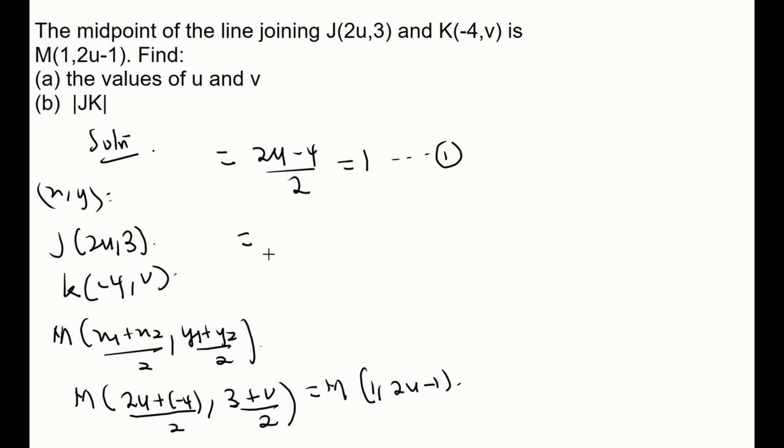Then our equation 2, which is the y coordinate, will be (3 + v) all over 2 should be equal to 2u - 1. The same way, this is an x coordinate and this is also a y coordinate. So from there, we can now proceed.